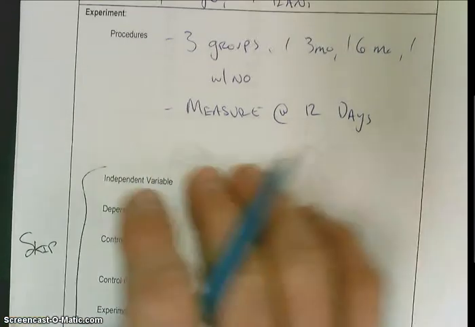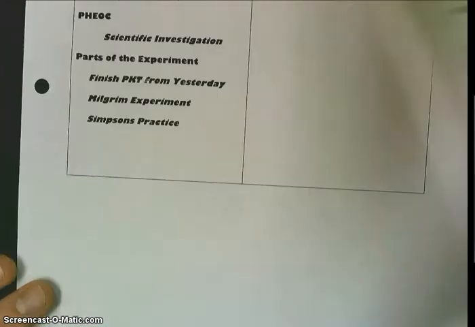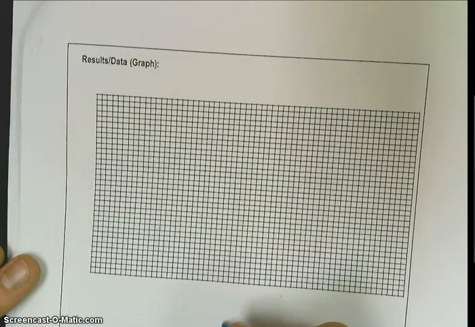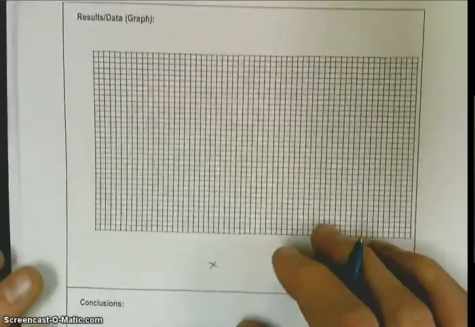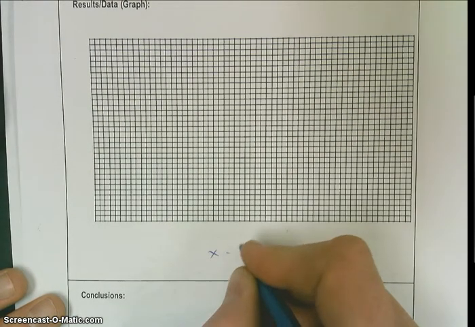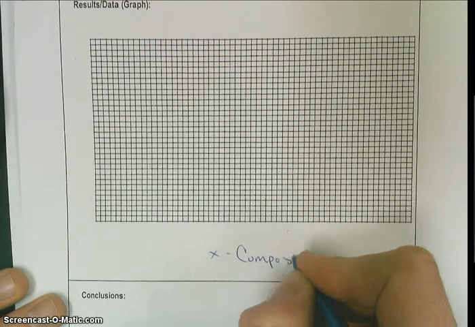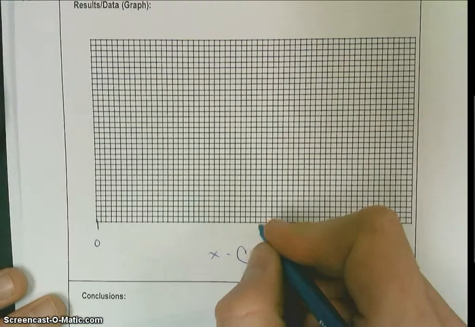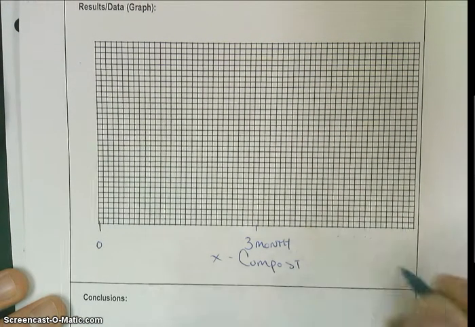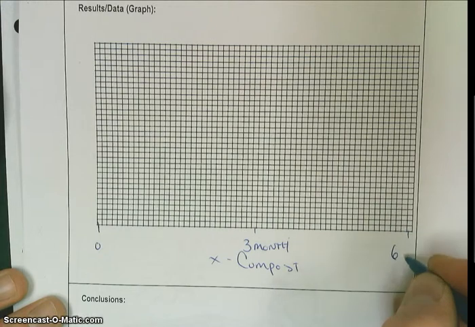We skipped these parts for the time being. What I want to do is take a look at our data and our observations. Our X value, like we looked at online, should be our independent variable, which is the compost. We had 0 compost, 3 months compost, and 6 month.